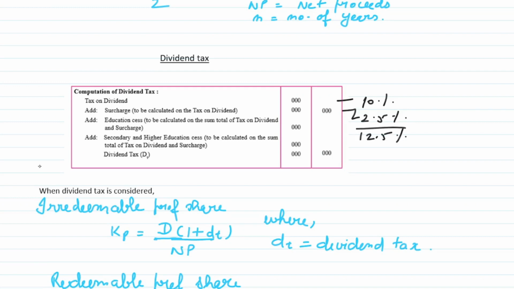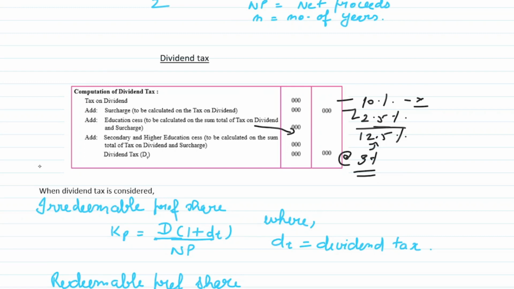Now over and above, you're supposed to pay something called an education cess, or a secondary and higher education cess. Say this education cess rate is 3%. So this 3% has to be computed on this 12.5% and not on this 10%. I'll repeat that once again. This education cess, or any kind of cess that you compute, you are supposed to calculate on the tax rate plus the surcharge.